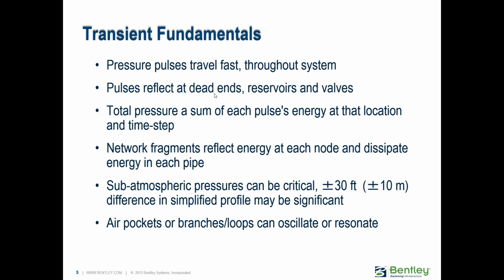Subatmospheric pressures, as I said before, can be very critical. That makes a difference when you're setting up a profile and deciding which junctions and elevations to include in your model. If you have a simplified profile of, say, just a single pipe, you may be missing intermediate high points that could potentially cause subatmospheric pressure, and you need to make sure that your pressure is not too low or that a vapor pocket does not occur.